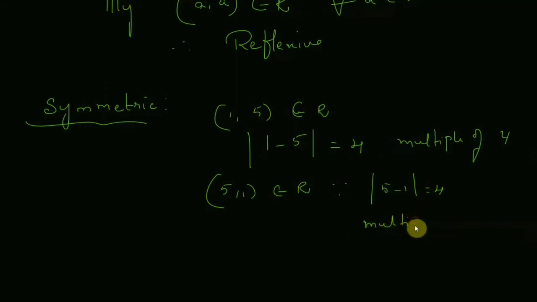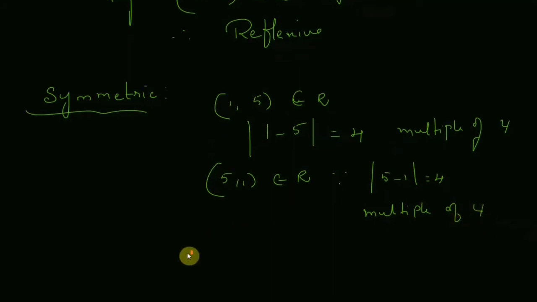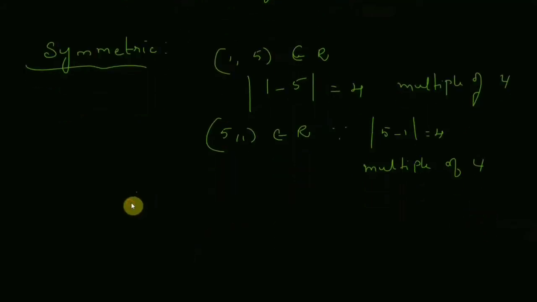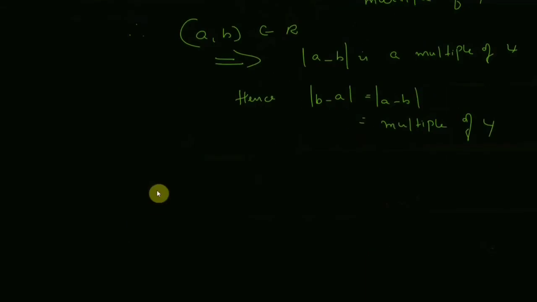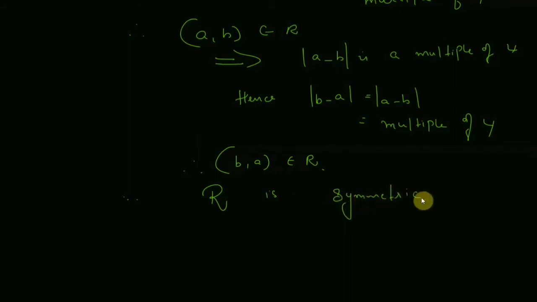If it is a multiple of 4, it belongs to the set R. So (5, 1) is also in R. Therefore, if (a, b) belongs to R, |a minus b| is a multiple of 4. The modulus of b minus a is also equal to the modulus of a minus b, a multiple of 4. Therefore, (b, a) belongs to R. That means R is symmetric. So we have proved that R is symmetric.